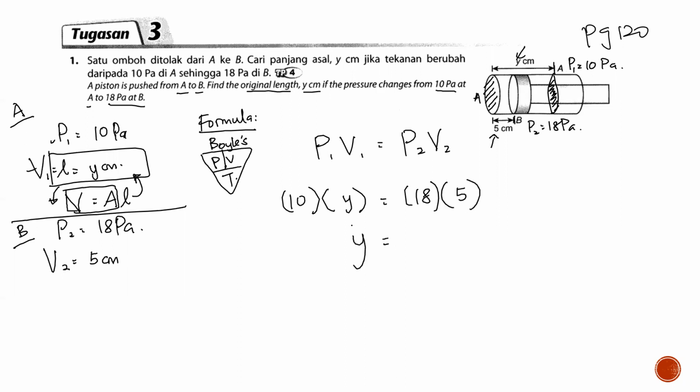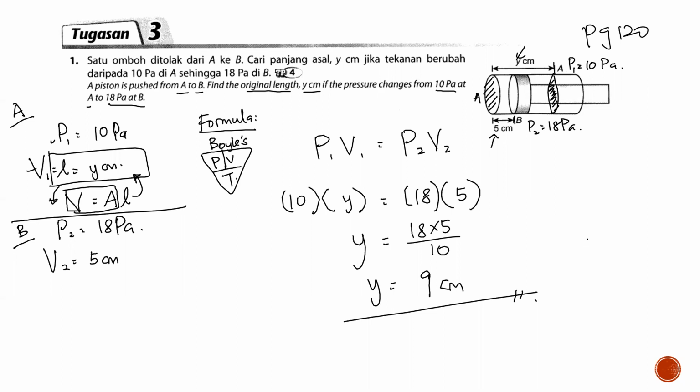So Y will equal 18 times 5 divided by 10. So Y equals 9 cm. Okay.